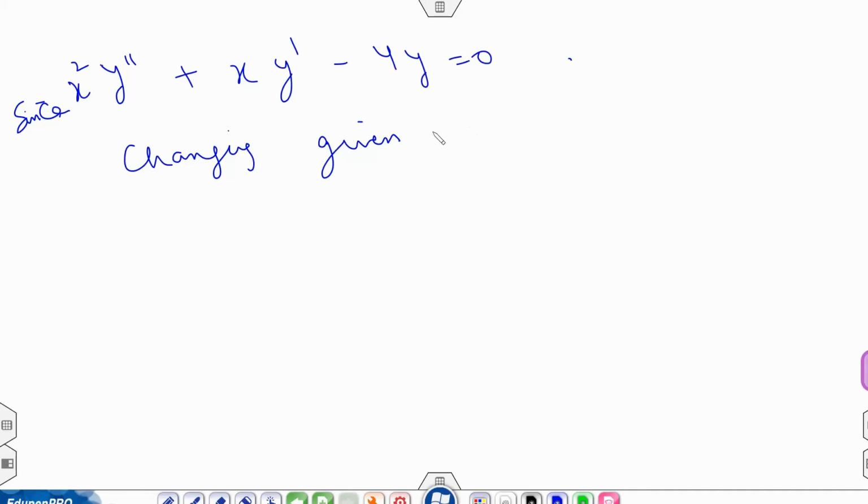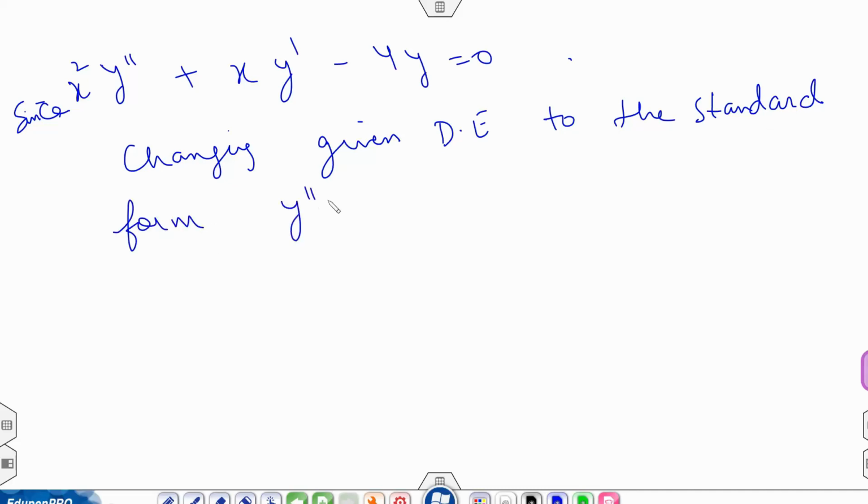So I'll just write x square y double dash plus x y dash minus 4y equal to 0, and we change the given differential equation to the standard form, y double dash plus p x y dash plus q x y is equal to 0.